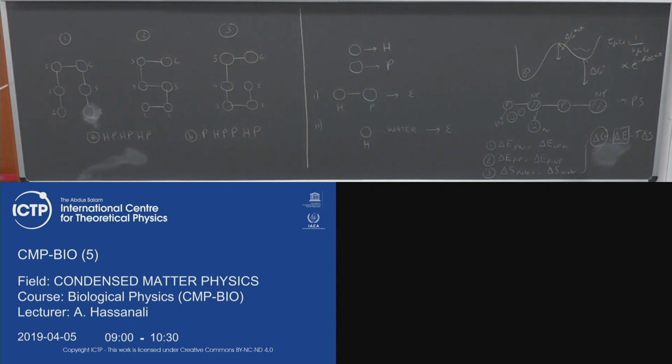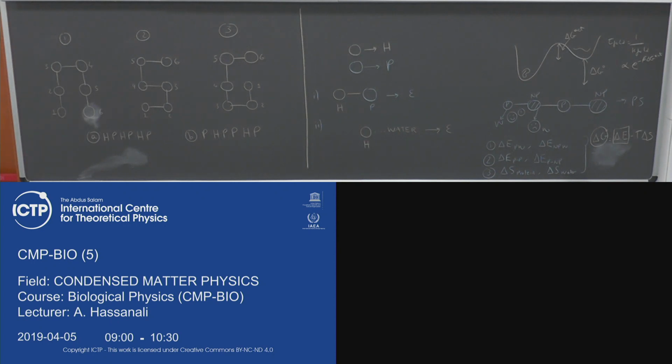So the system here is a 2x3 lattice. I have in the sequence 1, 2, 3, 4, 5, 6. There's 6 sites. Each of those 6 sites can take an H or a P. So there are 2 to the 6 possible sequences.